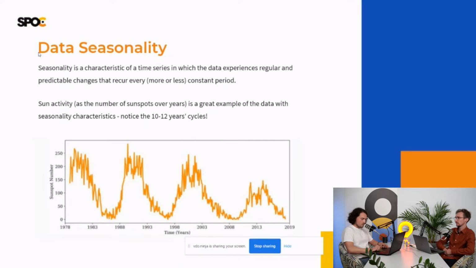So some types of behaviors appear cyclically over this time period. Here you can see another example of data seasonality that is around 10 to 12 years. That is sun activity. You can see the peaks after 12 years, and also the valleys. So this plot looks quite like a sine function, but with some small damping. But still, there is a seasonality. As you can see, there is a noticeable recurrency inside of this data.